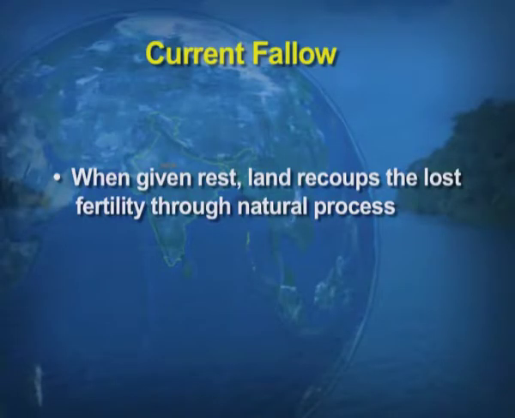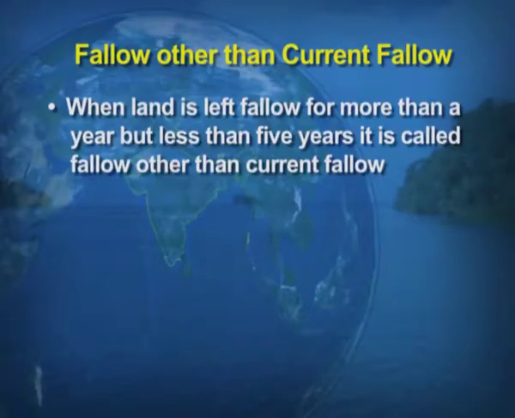When we say that rest is given to land, it means the land is left uncultivated. So, the land recoups the lost fertility through the natural process, and such a land is known as current fallow land.